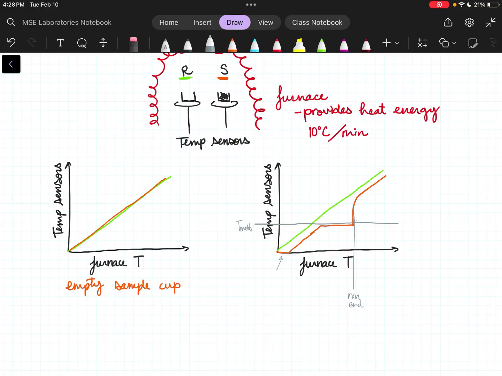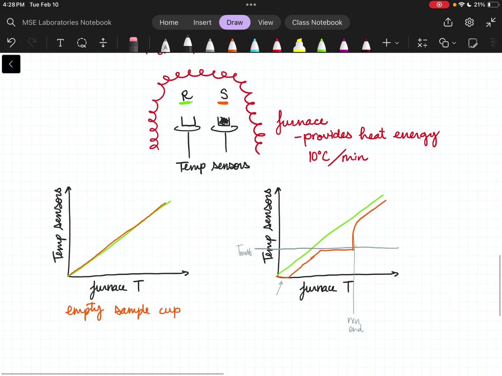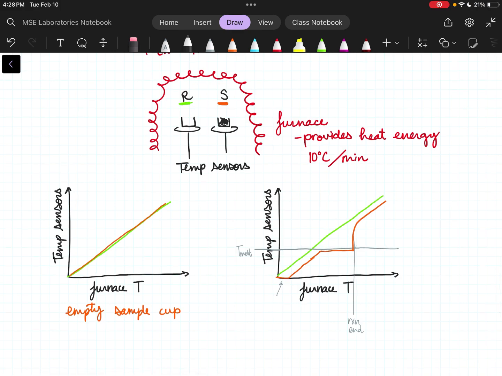Does this make sense so far? Okay. Sorry, I started 3 sentences without finishing a single one of them. Because we know that the furnace temperature is increasing at some linear rate, I could set the x-axis to be time just as easily as I could set it to be furnace temperature. So this could be the timeline of the reaction instead of the temperature of the furnace.